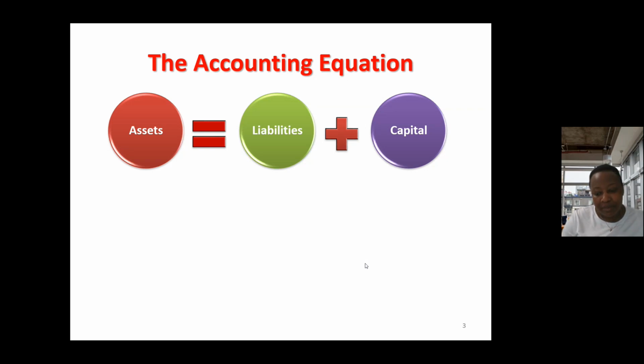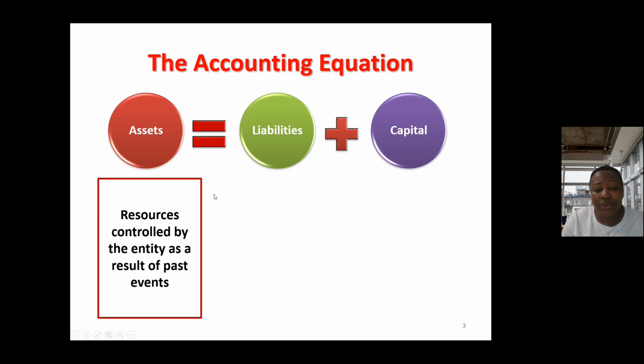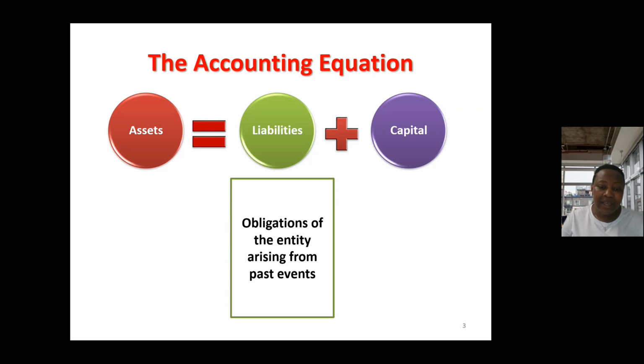When we say assets, what we mean is that assets are the resources that the entity, that the business, controls as a result of past events. Your liability is the obligation that the entity has because of a number of activities it has engaged in the past.